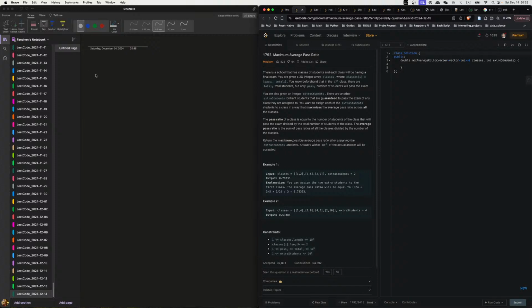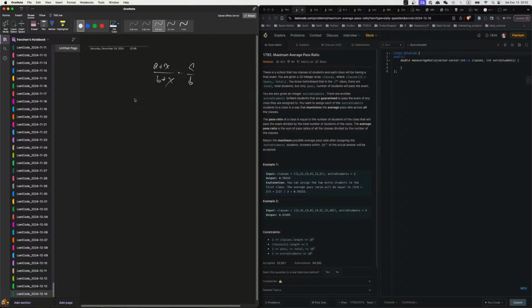Because at the end, what we do is if I have a divided by b, and I have a plus x divided by b plus x, how do we compare these two? How about we say a plus x over b plus x minus a over b, what's equal to that?